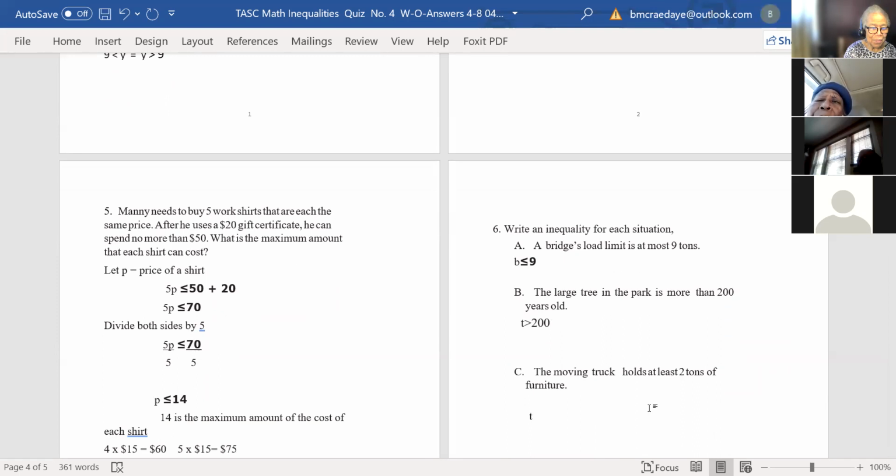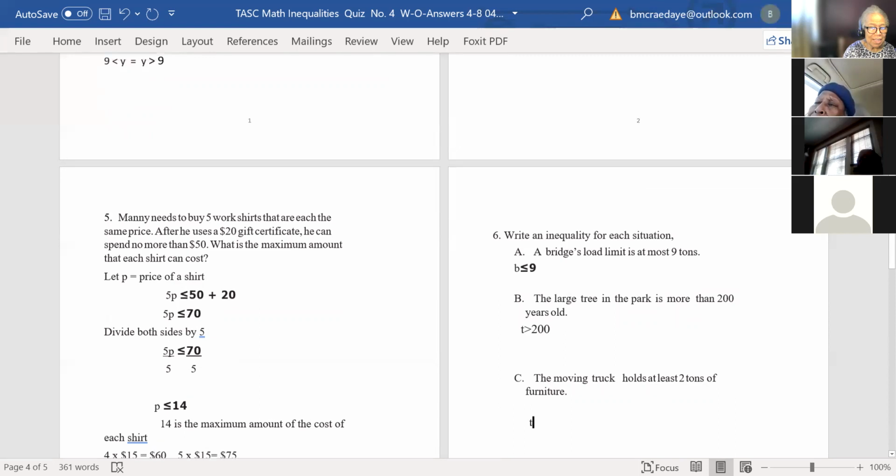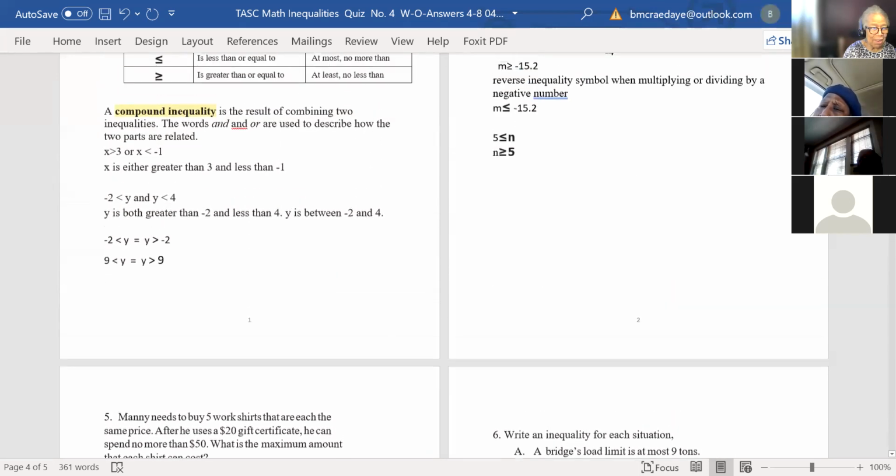You said at least, which is the less than sign? Not less than. You said at least, right? At least is greater than or equal to. That's right. Greater than or equal.